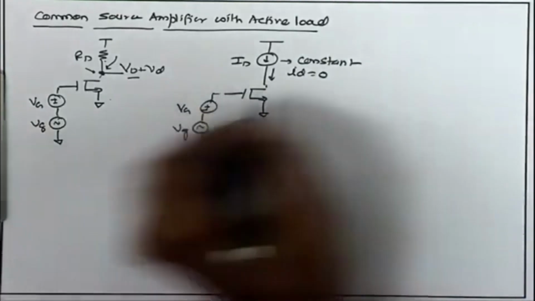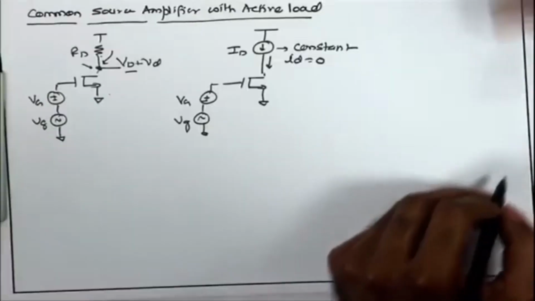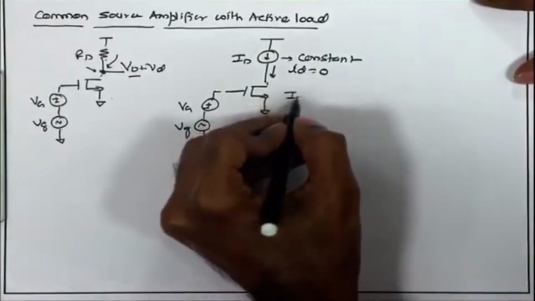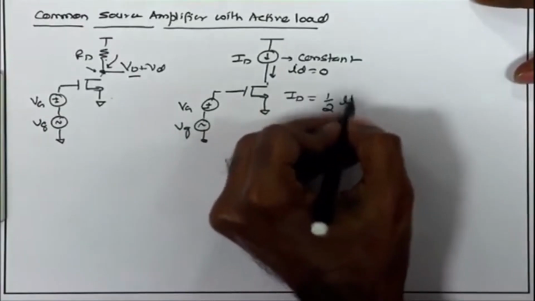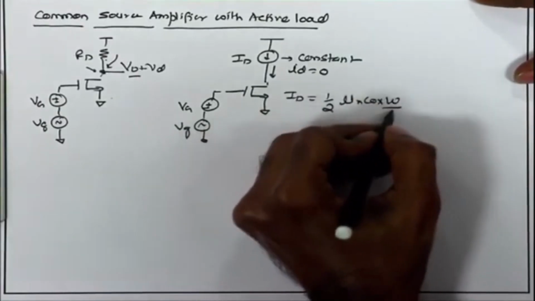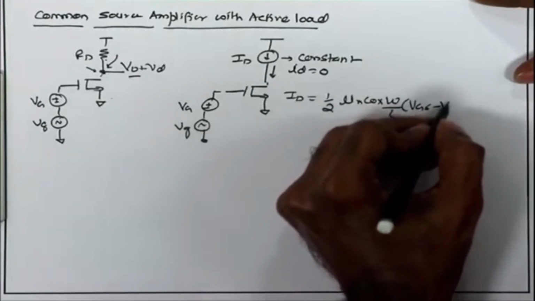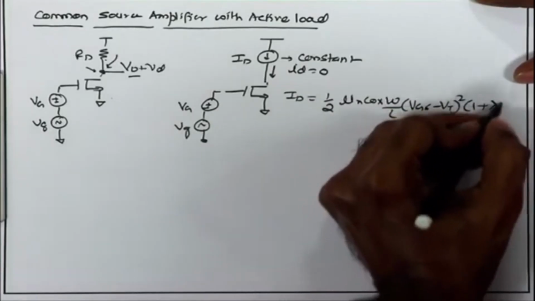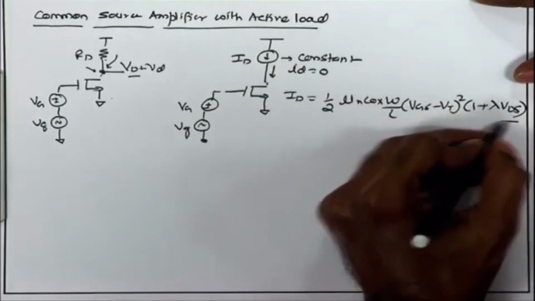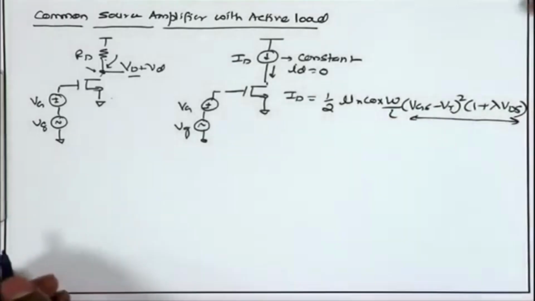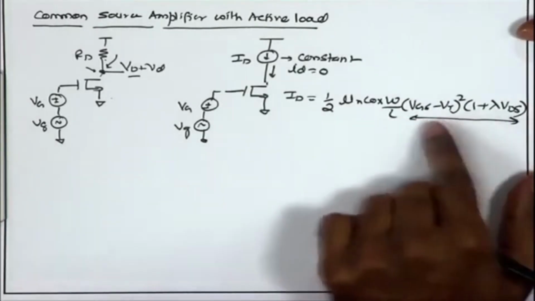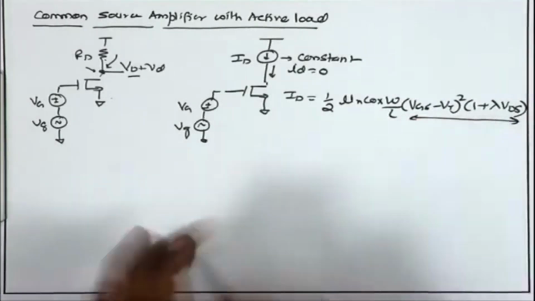So, if we now look at our current equation of the MOSFET, I have ID in saturation region. We have these two terms combined together, and the product of these two terms should remain constant.